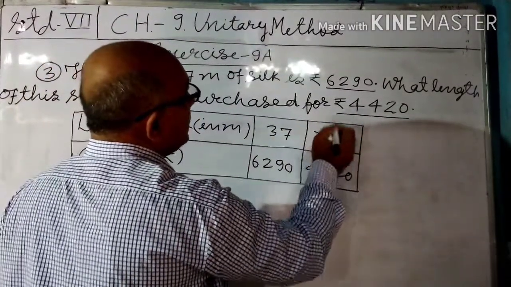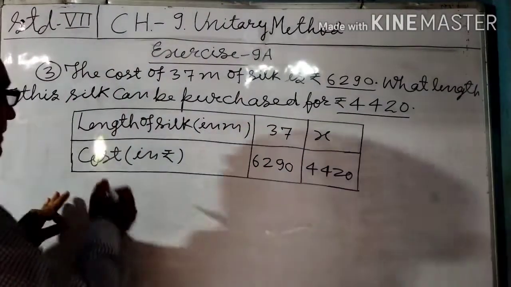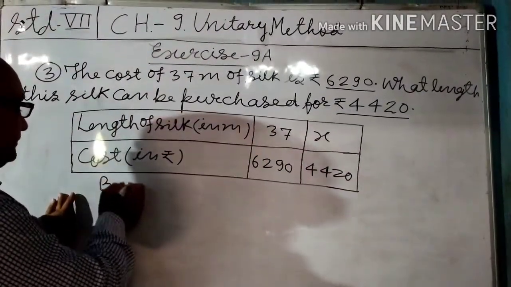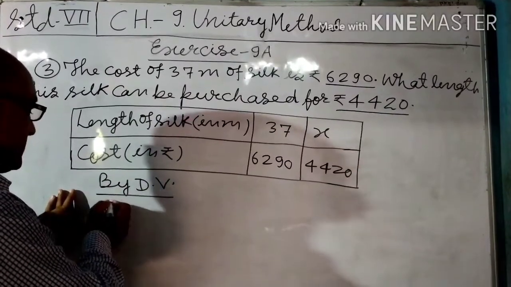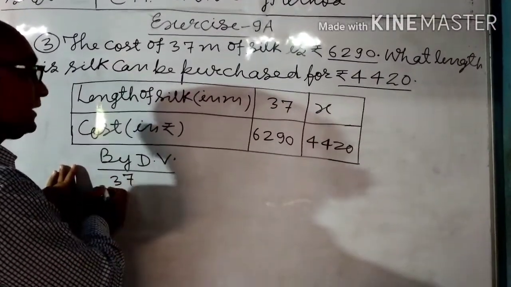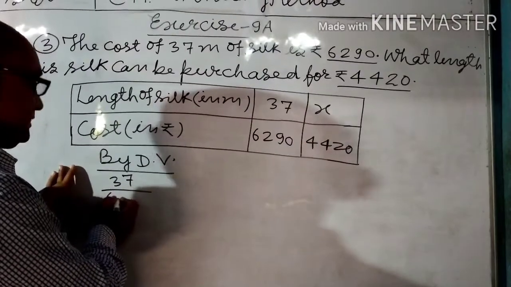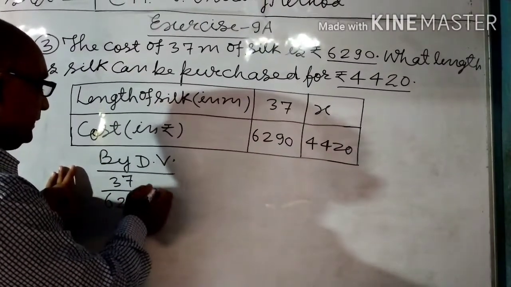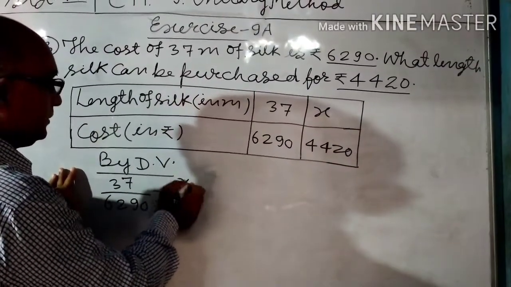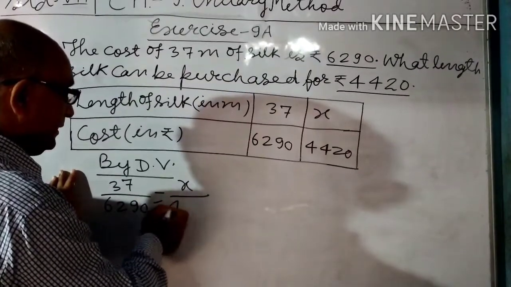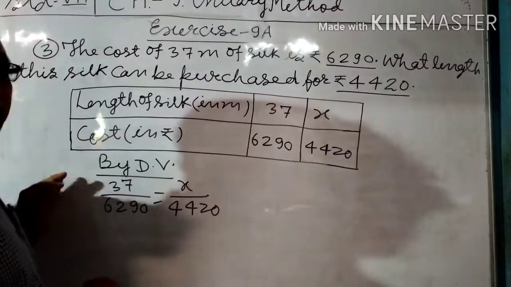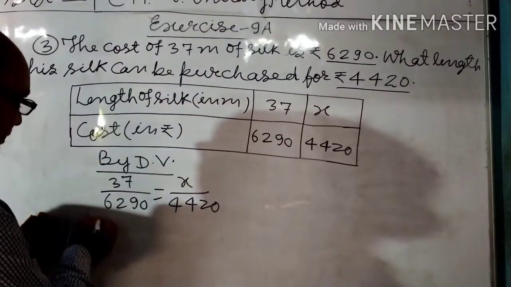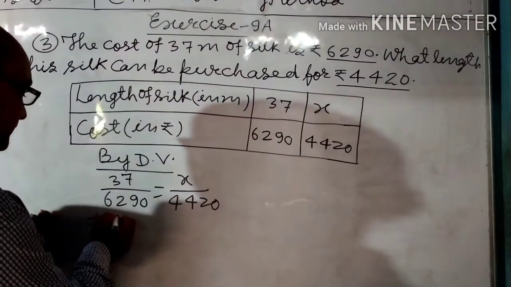So suppose the length of silk is x, by dv, direct variation. 37 by 6,290 equal to x by 4,420 by cross multiplication.